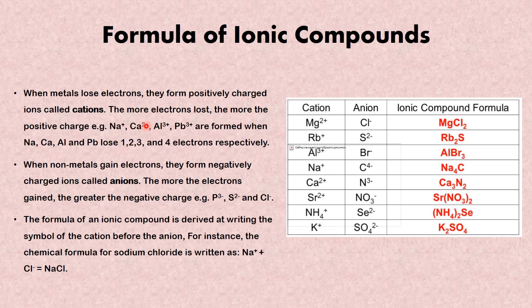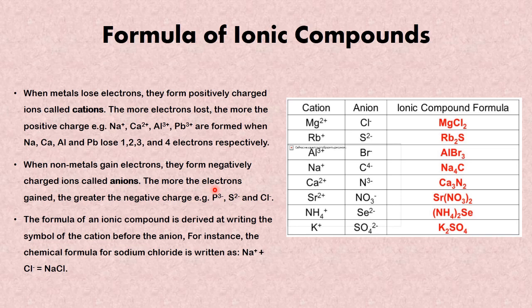Calcium ion here, which has a charge of 2, means it has lost 2 electrons. Aluminium here, which has a positive charge of 3, has lost 3 electrons. And lead here has lost what? Has lost also 3 electrons, not 4, 3. So when non-metals gain electrons, they form negatively charged ions called anions.